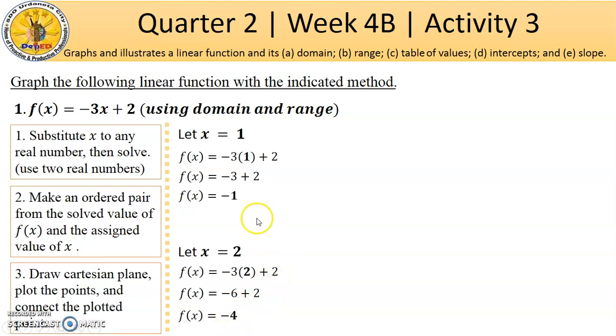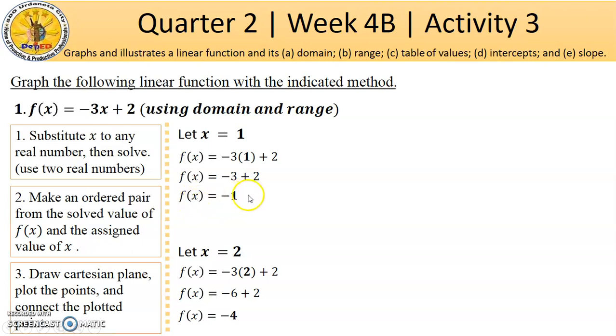Now, let's go to step number 2. Make an ordered pair from the solved value of the function and the assigned value of x. For the first, we have x equal to 1 and the value of the function is -1. Take note that f(x) is the same as y.